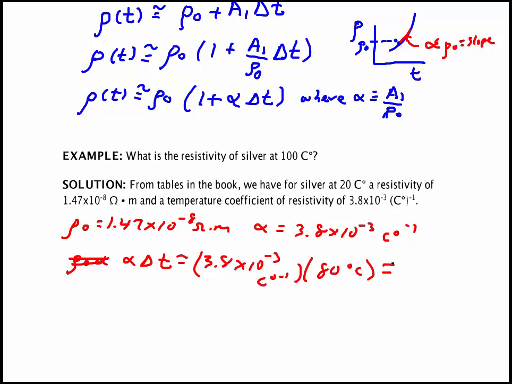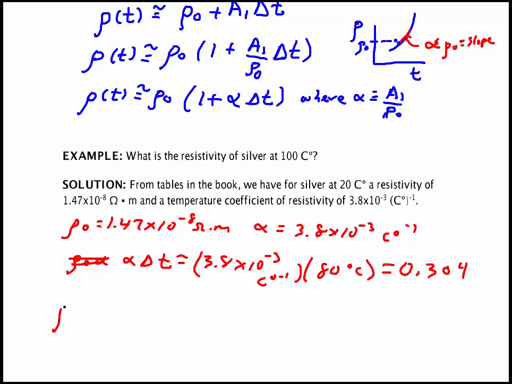We're going to punch that in the calculator. And we get a value here of 0.304. That means that this thing has a 30% change in its resistivity over this temperature difference.